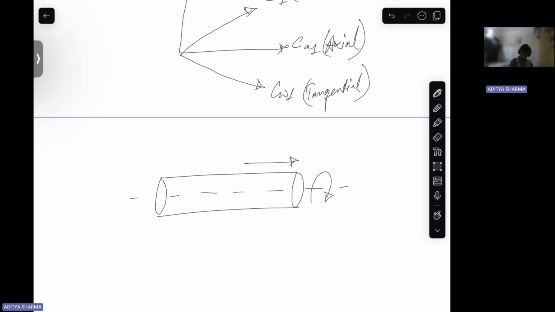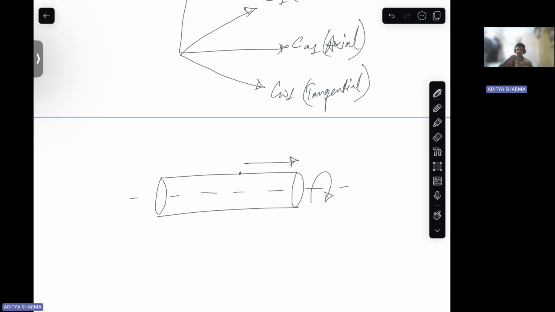Then at this point, if this is your rod, in that case this is the tangential direction. This is your axial direction. This is your tangential direction.